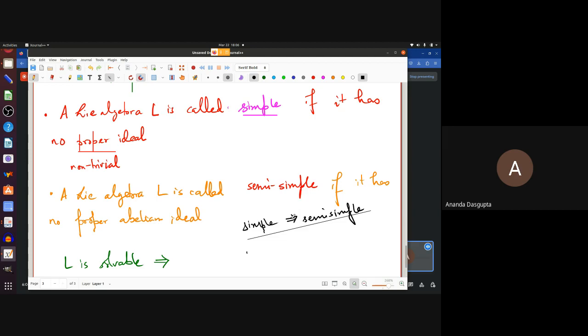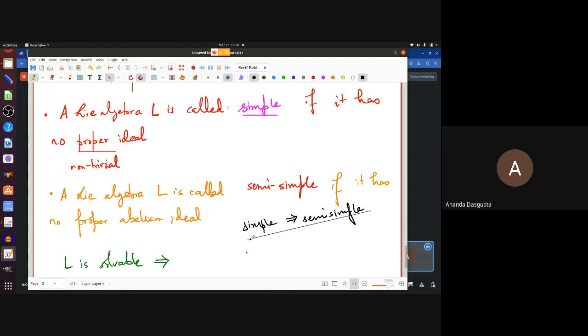What prevents a Lie algebra from being semi-simple? If it has an abelian non-trivial ideal, right? It is semi-simple if it has no non-trivial abelian ideal. That is, it is not semi-simple if it has a non-trivial abelian ideal. But if it is simple, it has no non-trivial ideals whatsoever. So it cannot have an abelian non-trivial ideal, right?